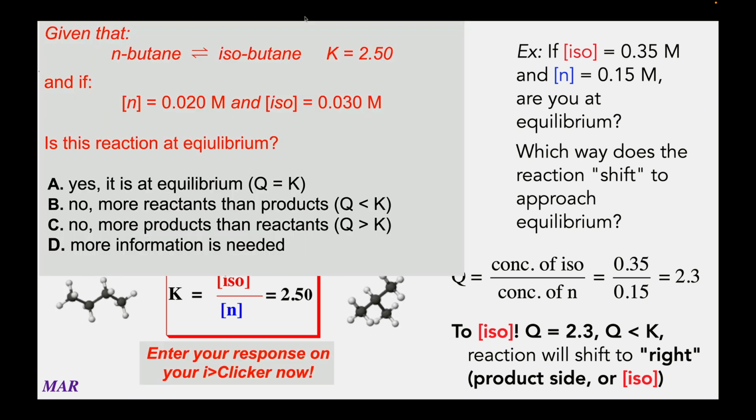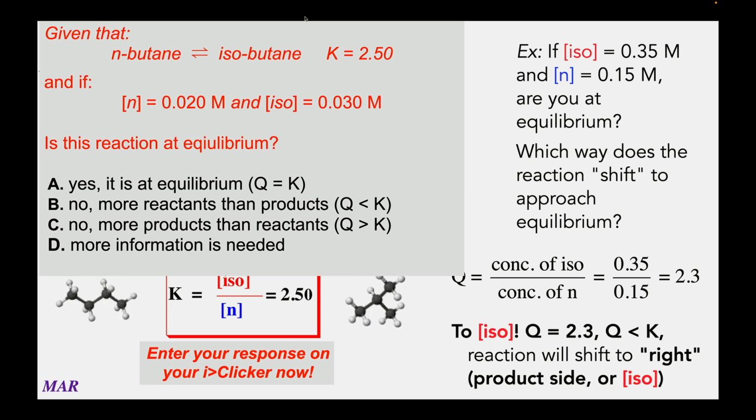Here's a similar kind of question. It's the N-butane isobutane reaction. The K is 2.5 and the N-butane is 0.02 and the isobutane 0.03. The question says, is this reaction at equilibrium? Well, first of all, if it's at equilibrium, Q and K must be the same. For this reaction, we have 0.03 divided by 0.02. That comes out to be 1.5.